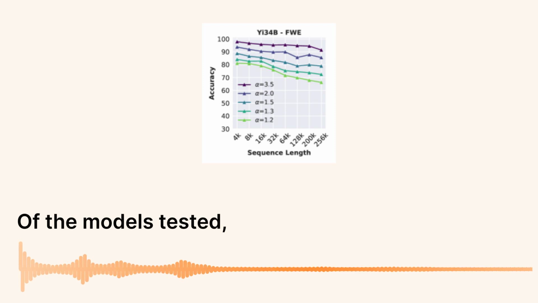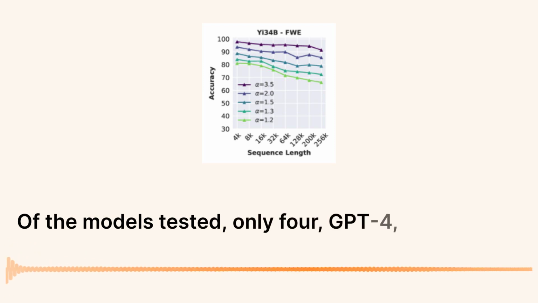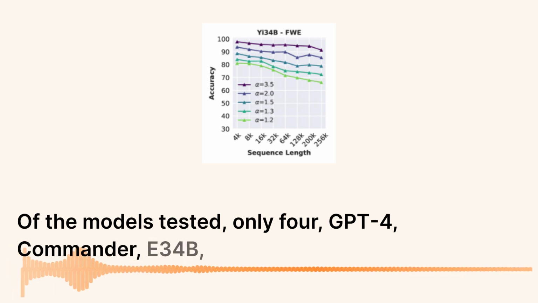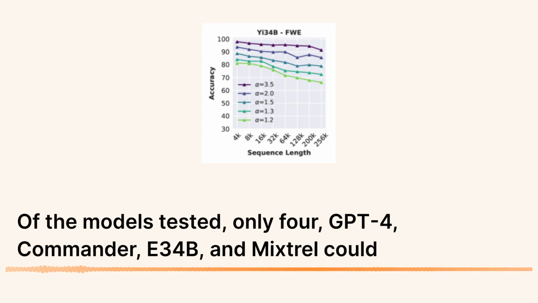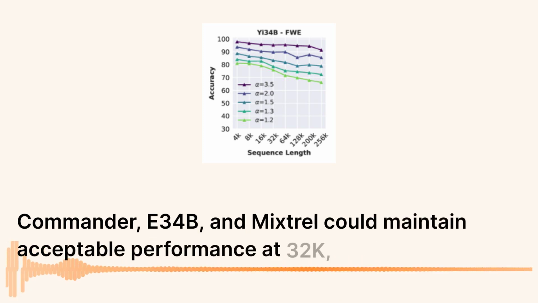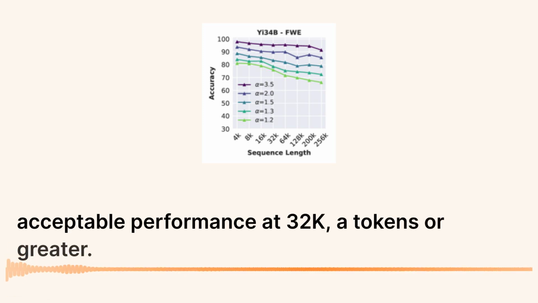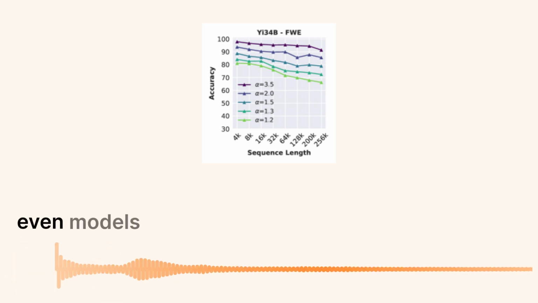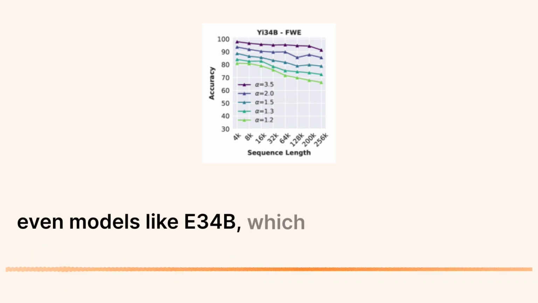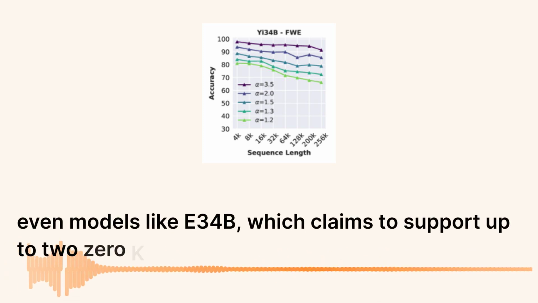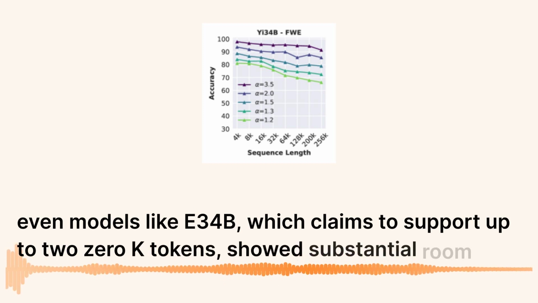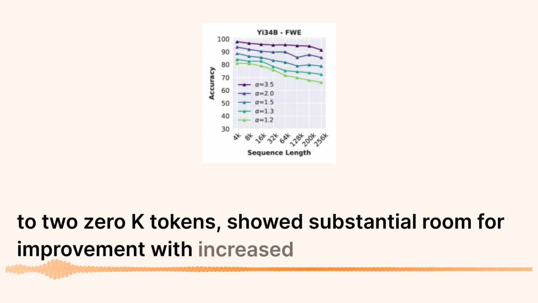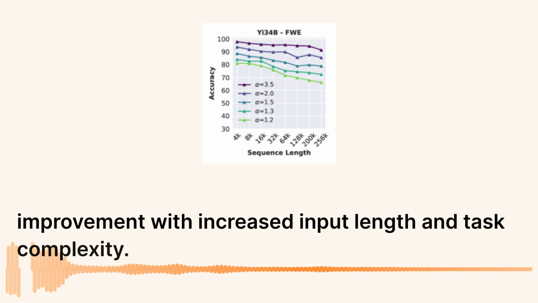Of the models tested, only 4, GPT-4, Command-R, Yi-34B, and Mixtral, could maintain acceptable performance at 32K tokens or greater. Notably, even models like Yi-34B, which claims to support up to 200K tokens, showed substantial room for improvement with increased input length and task complexity.